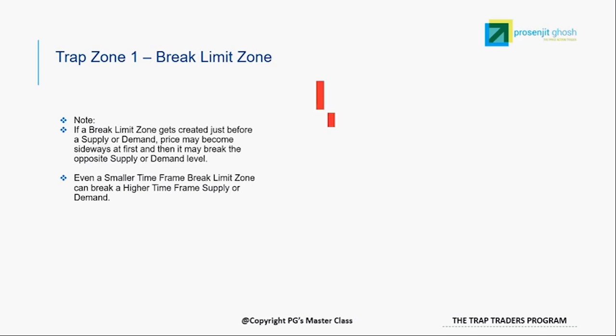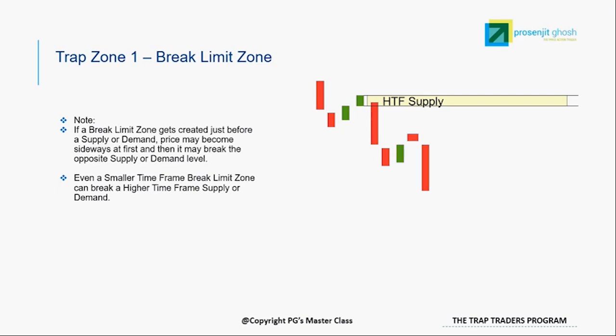Okay. So how does it happen? Say price is moving down, it creates whatever supply demand key level, right? So it's a higher time frame supply. And thereafter price again comes up and moves down, so a minor resistance gets created here, right? And thereafter price is coming down, you are waiting to take a short trade in the HTF supply. That is where this game happens.